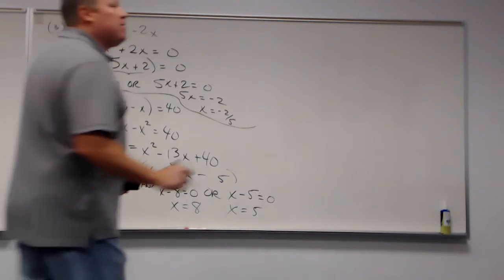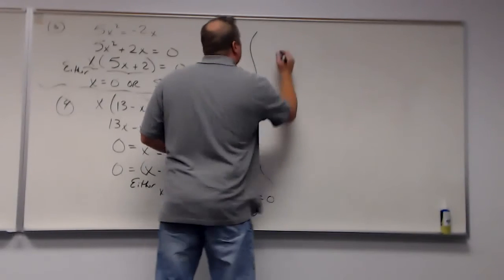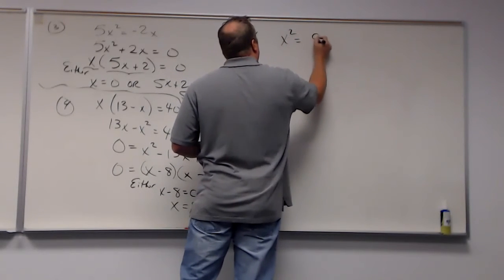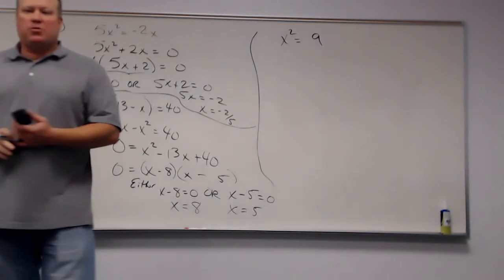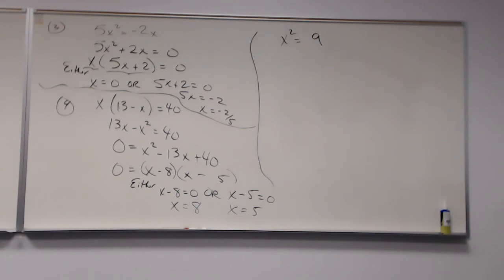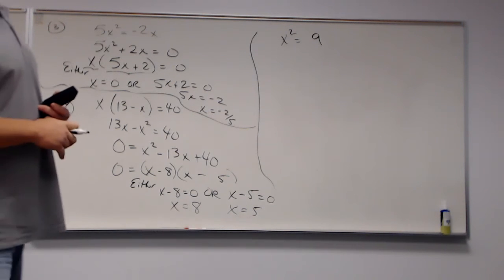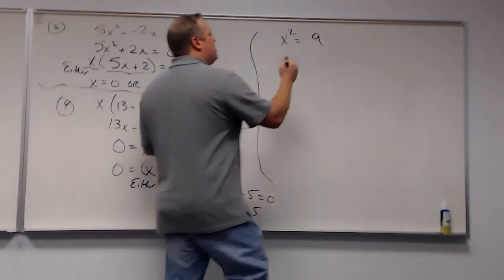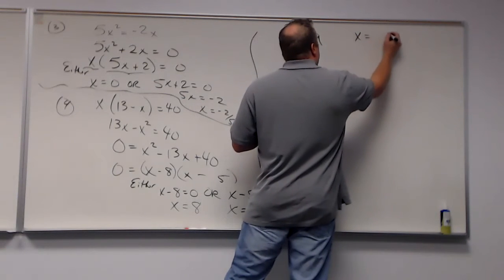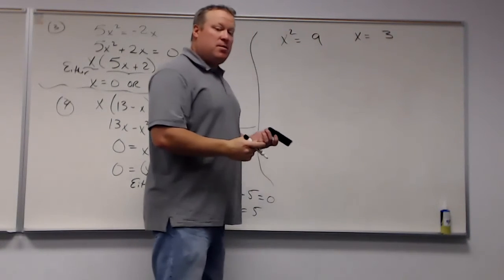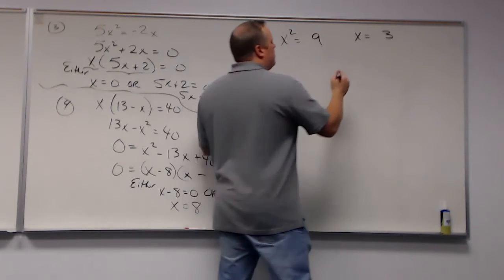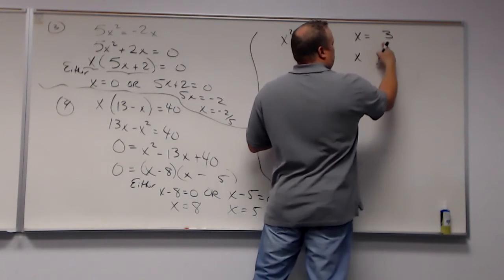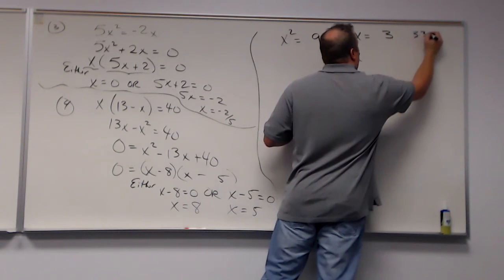And if you were ever given this, where you have a variable squared that equals some number, can you tell me what squared equals 9? Okay, I'm imagining that you say x has to equal 3, because 3 squared, 3 times 3 is 9. But doesn't, if I had x equals 3, that would be 3 times 3 equals 9.